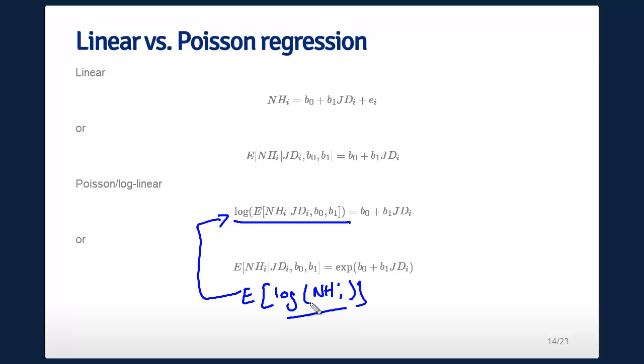Because expected value and log can't switch, this guy logging the outcome is a model on that, whereas this guy is a model of the log of the expected value. So for the Poisson model, the coefficients are going to be naturally interpreted in terms of the expected values of the outcomes. The geometric mean is naturally interpreted in terms of the expected values on the log scale. So anyway, that's the difference between logging your outcomes and fitting a model where the linear predictor is on the log of the mean.